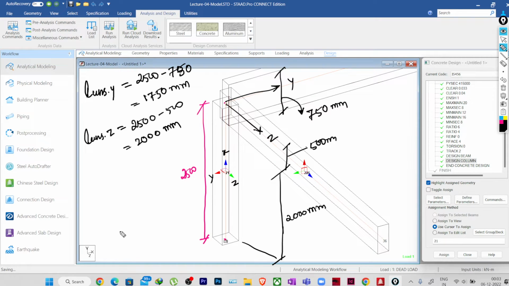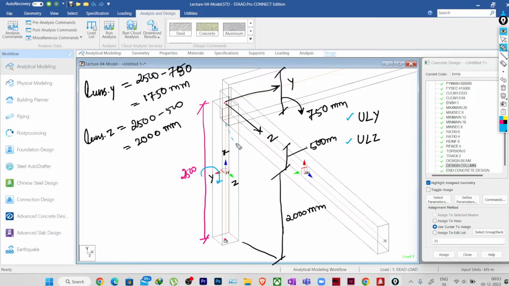Fine. Now when we will be assigning the ULY and ULZ, these are actually unsupported length factors about the axis. Now it is pretty critical, we need to understand it properly. About the y-axis, which unsupported length are we going to get? About the y-axis, we are going to get the unsupported length which is 2000 mm, right?